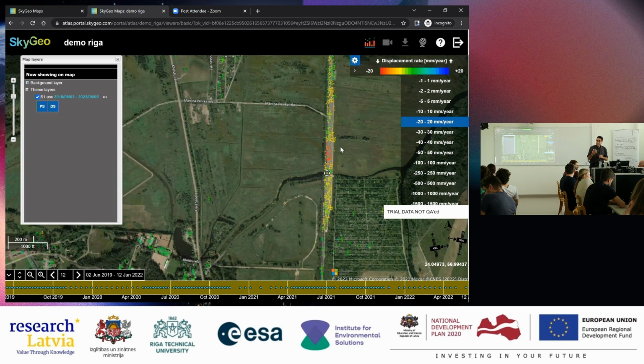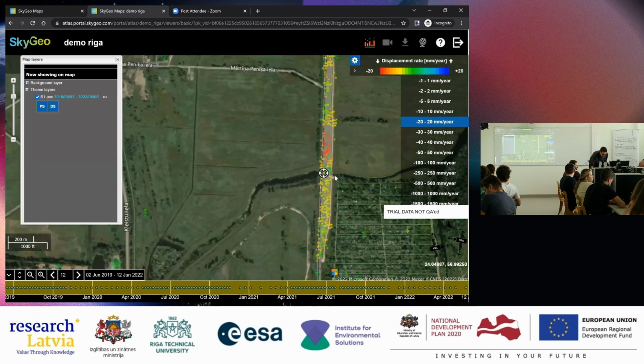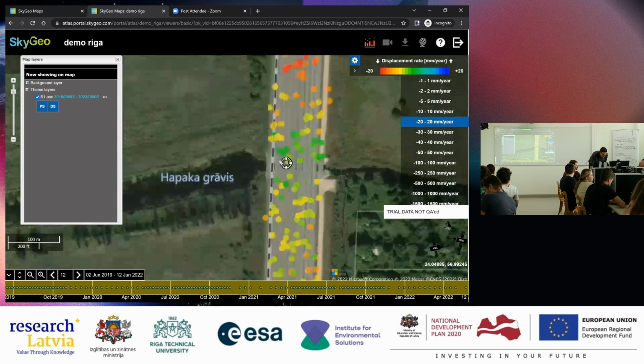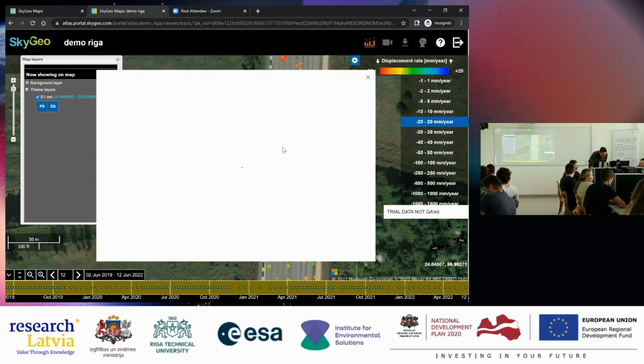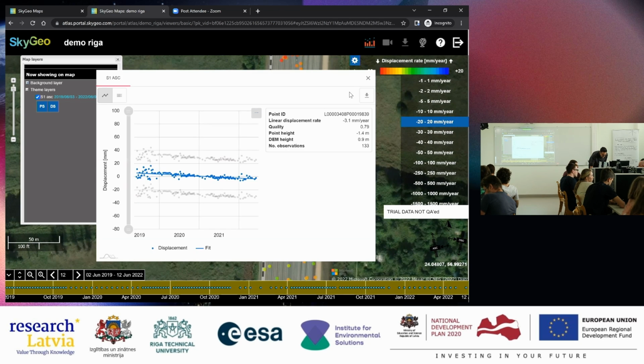Yeah, so indeed in the analysis it makes a lot of difference how you analyze it and what you're looking for. I think the point that we just clicked on was kind of interesting because it also had a phase unwrapping issue. And so this point, for example, I don't know when this railway was constructed. Is that known? Does anybody know? I heard it was quite recent, right? No, it's about 5 maybe years.